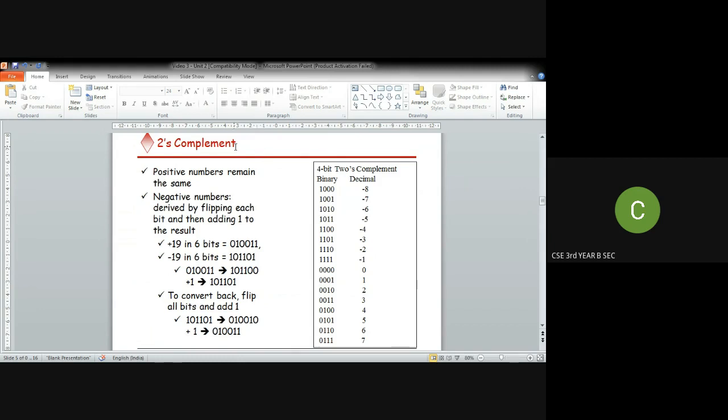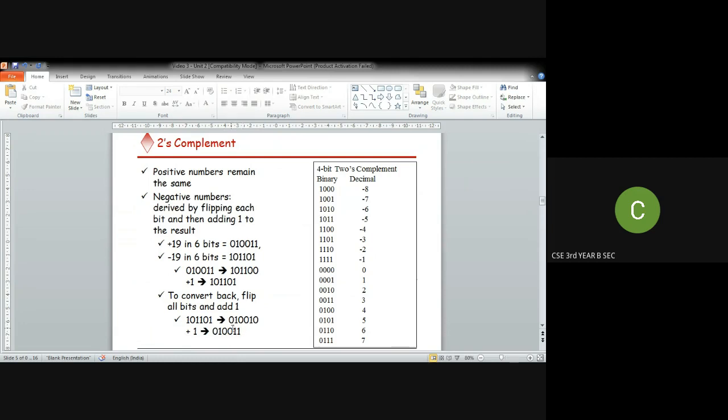In the two's complement method, first we invert the positive number into a negative number by making all zeros into ones and ones into zeros. After converting this, we have to add one at the last, so that we get the two's complement.